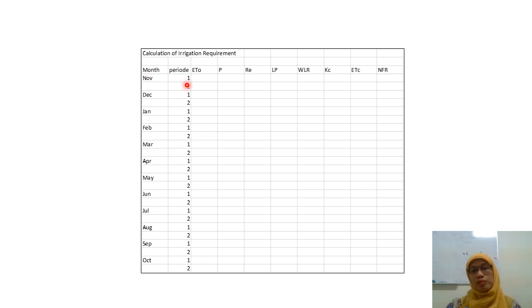So we have November 1, November 2, December 1, December 2, and etc. in 1 year. And we also have the ETo, percolation, effective rainfall, land preparation, water level replacement, crop coefficient, crop evapotranspiration, and the irrigation requirement in the field.